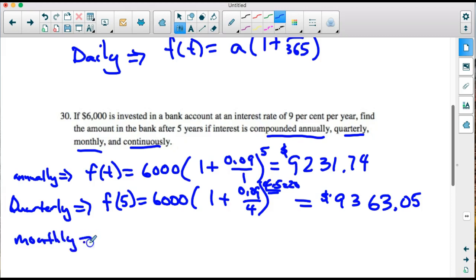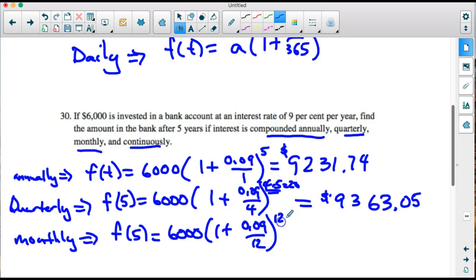Okay, monthly. I didn't put a monthly one up above. Monthly would be every month, so that would be compounding 12 times a year. So we would go 1 plus 0.09 divided by 12. And here we go 12 times 5, which would be 60, because there are 60 compounds there.